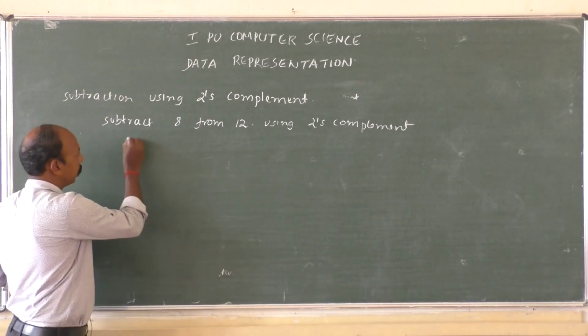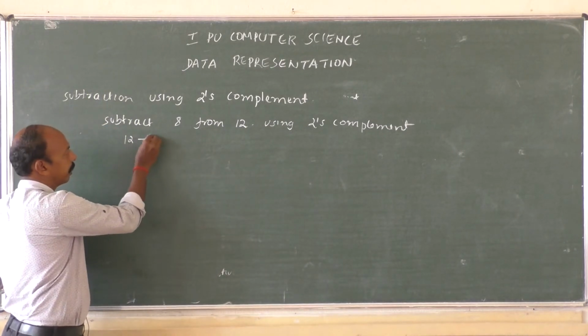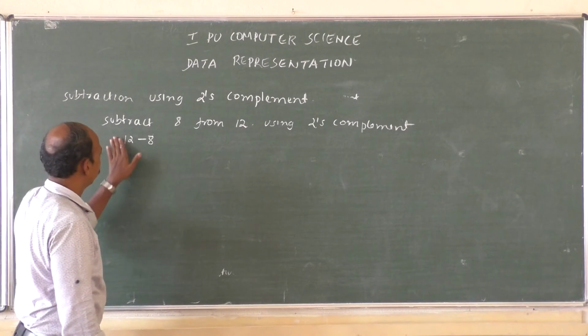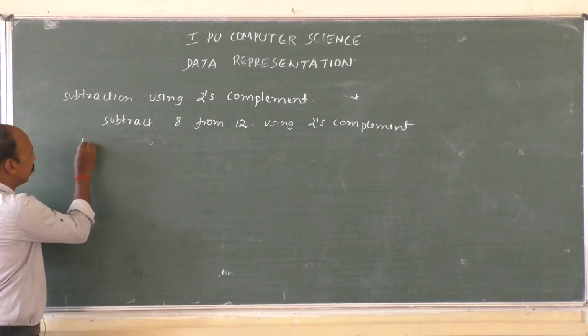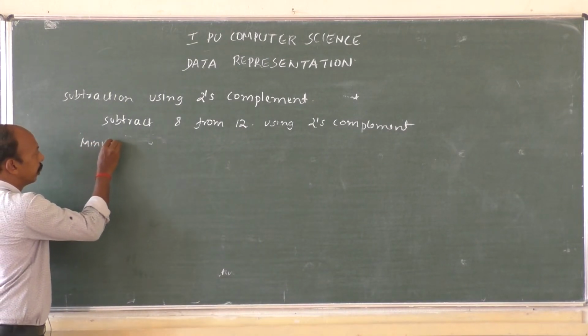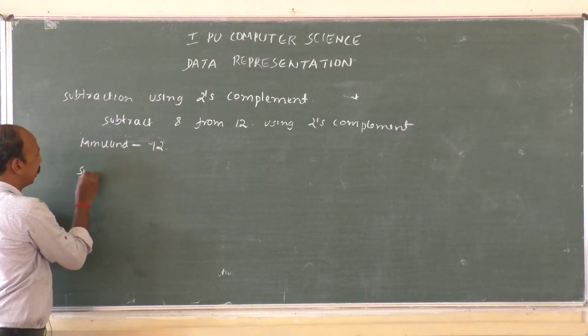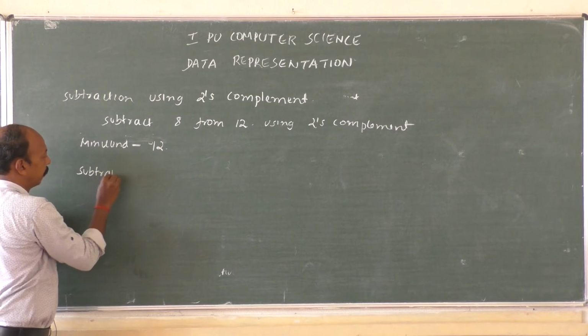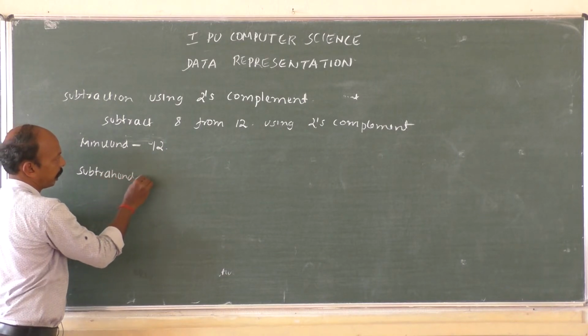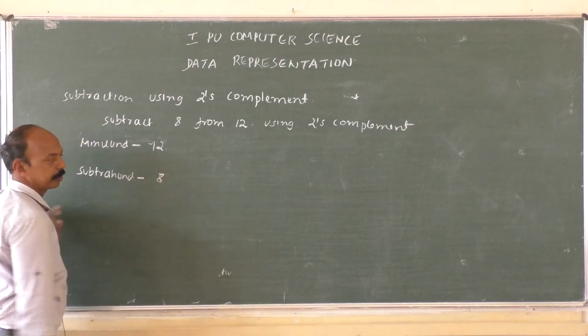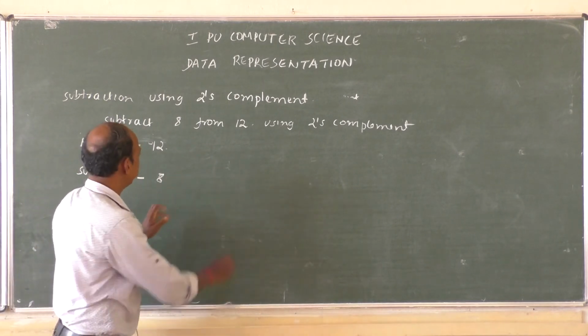What we have to do? 12 minus 8. So in this case, the minuend is 12 and the subtrahend is 8. Write the number in binary.